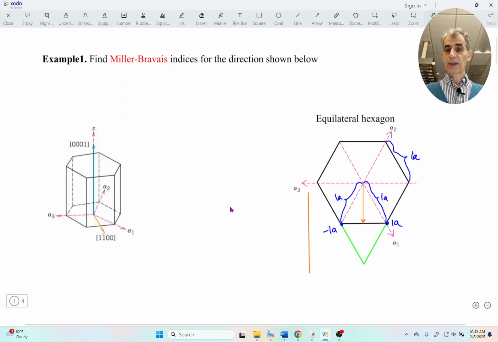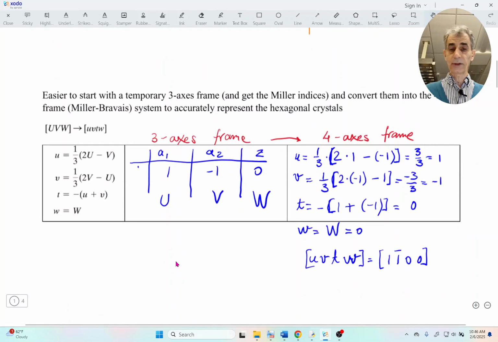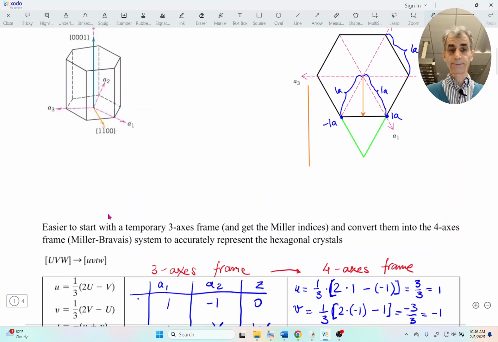We know that in this case we have a coordinate frame made of 4 axes, and this becomes tedious to learn, as we have seen in the class discussing it. It's much easier to work with a 3-axis coordinate frame and then transform into a 4-axis coordinate frame by using this simple math, which can also be automated with a software program.